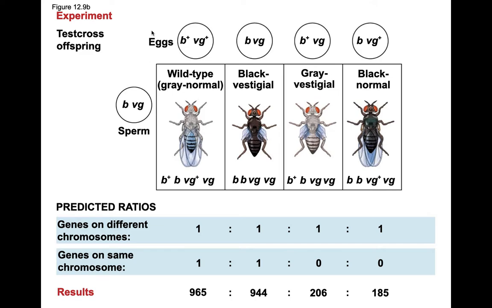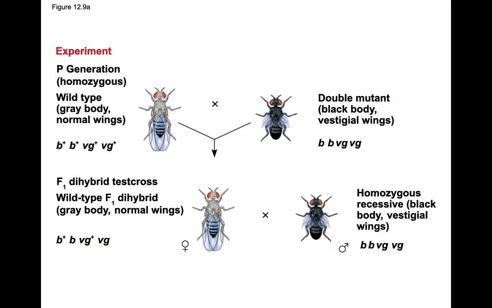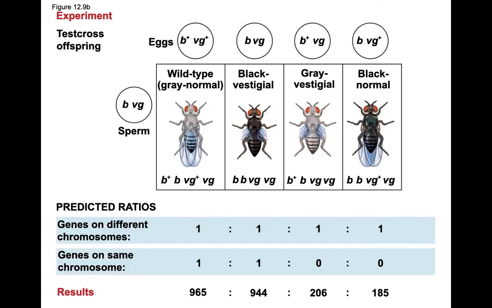So when we're thinking about the test cross of these 2 individuals, this heterozygous female can donate either a wild type or mutant allele for each trait, and for the other parent, really there's only one option for the homozygous recessive sperm coming from this mutant male, which is why there's only one row for the sperm, but there are 4 different possibilities for the eggs.